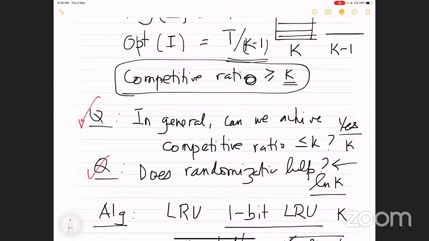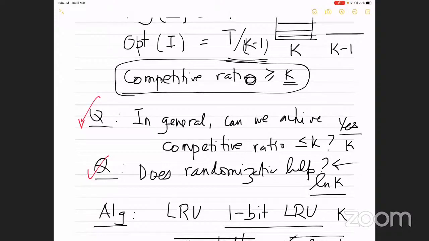The point is that 2-bit LRU does not help, at least in the competitive ratio, because we just showed that no matter what you do, you can use any number of bits in LRU. I have a very simple input which shows that you cannot improve on K. Even with 1-bit LRU, I can get a ratio of K. And so that's tight, because having 2 bits or 3 bits, at least for this competitive analysis, does not help.